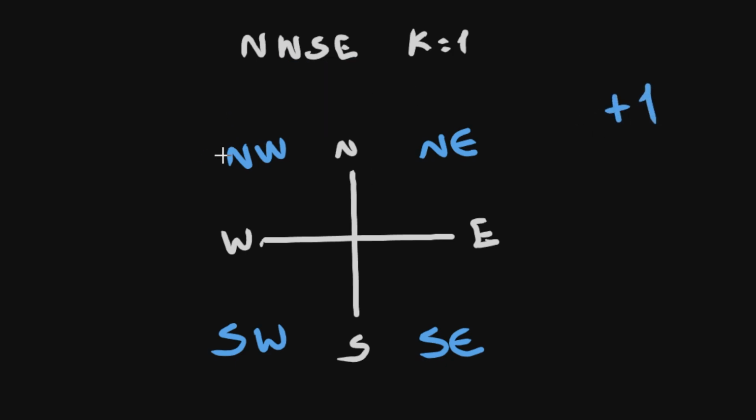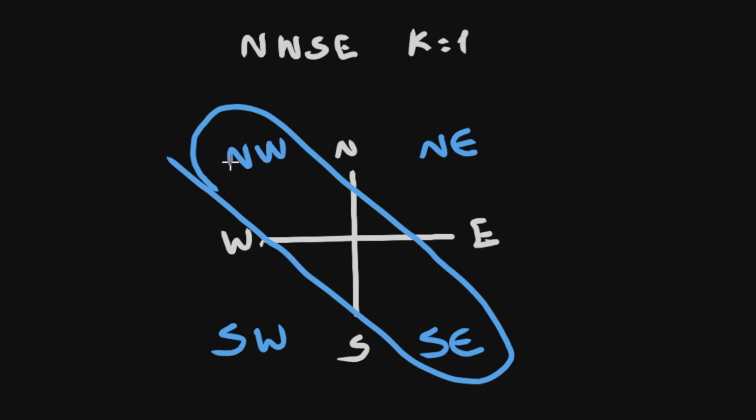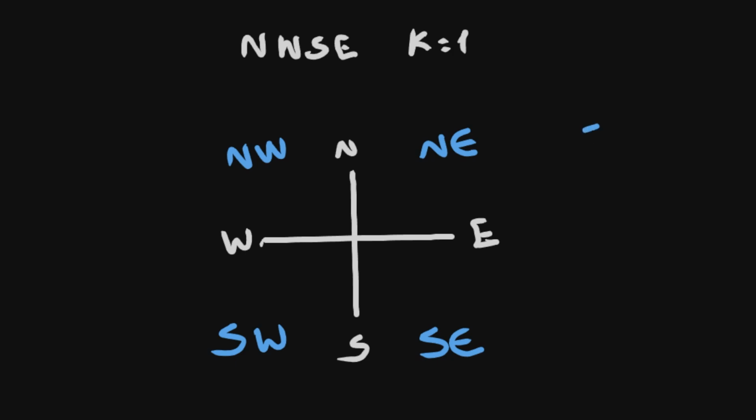And whenever we find the opposite force, meaning S or E, we subtract 1 from the count. Okay, so we will only care about this in this case. We start here at NW and we only care about this. So the count is initially 0, and now we iterate this from left to right.